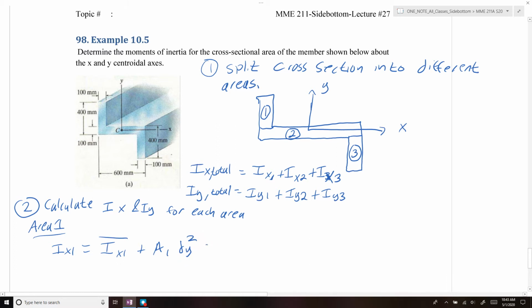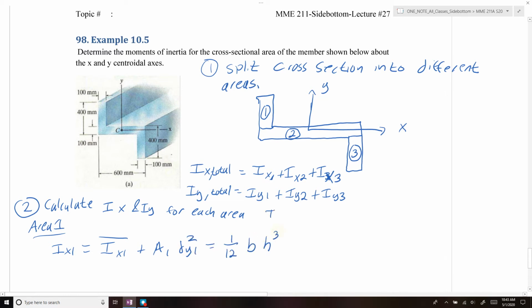So we're going to just define each of these terms. For a rectangle with a base b, we know the moment of inertia of a rectangle about its centroid is equal to 1/12 times the base times the height cubed.